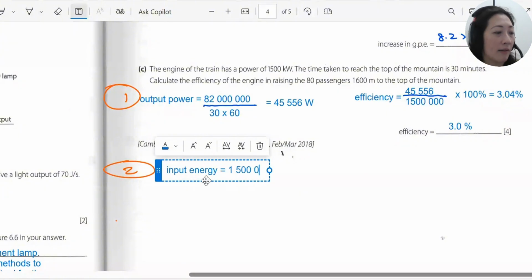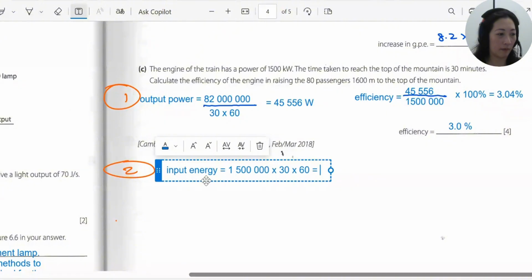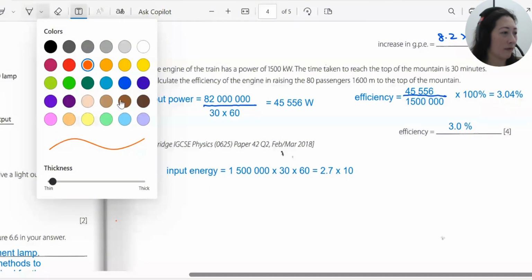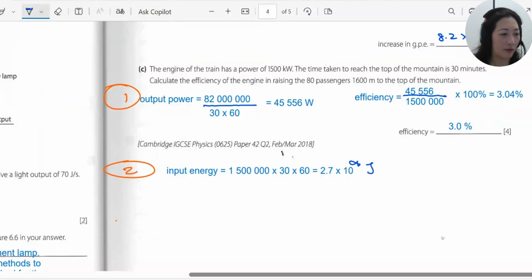So that's 1,500 kilowatts, so another 3 zeros there, times 30 minutes, times 60 seconds, and that gives us a very big number, 2.7 times 10 to the power of 9 joules.